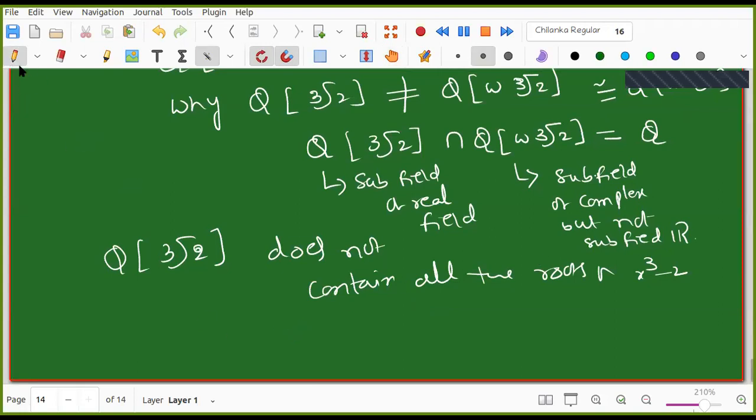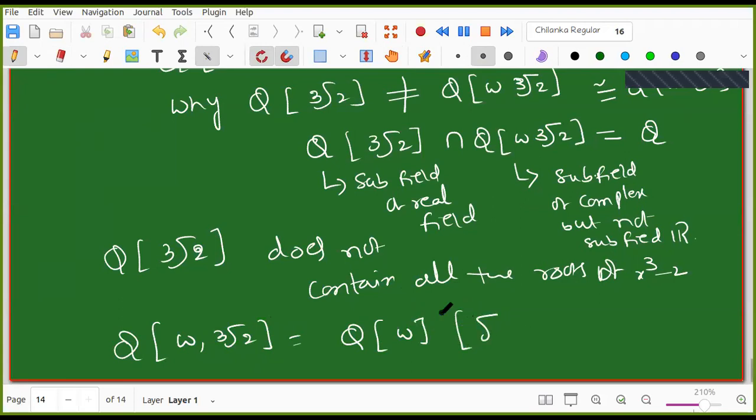Of course, complex numbers also contain them, but we do not go up to that extent. So by adjoining this part, Q(omega, cube root of 2) is equal to Q(omega cube root of 2), adjoining this to this, right?